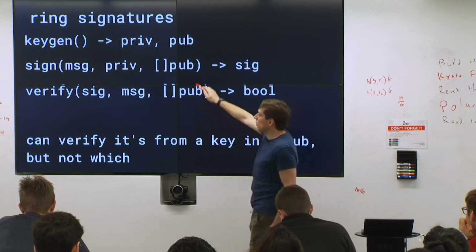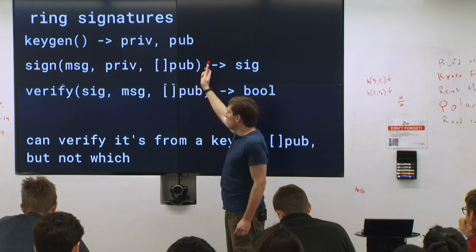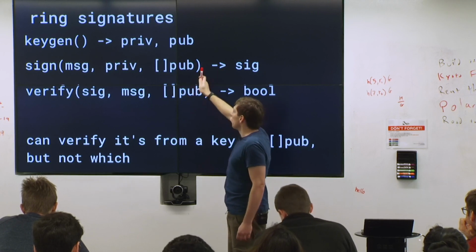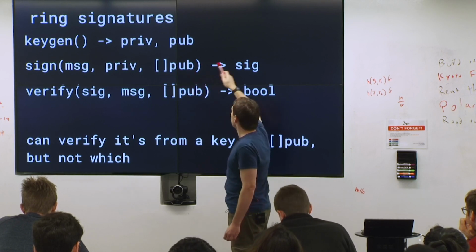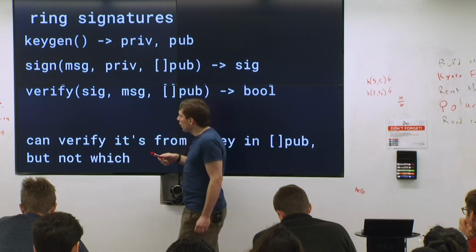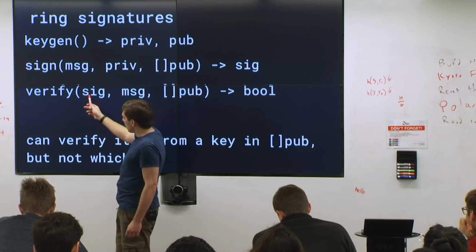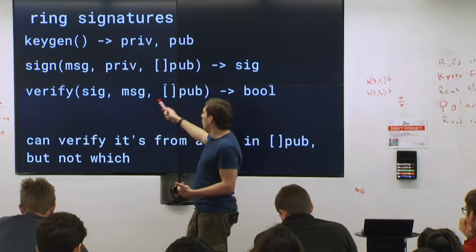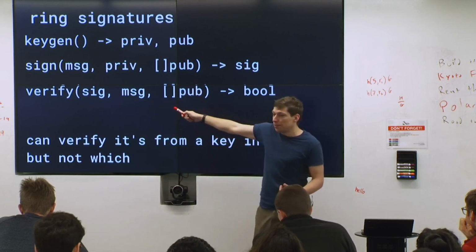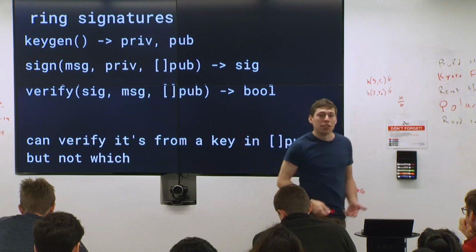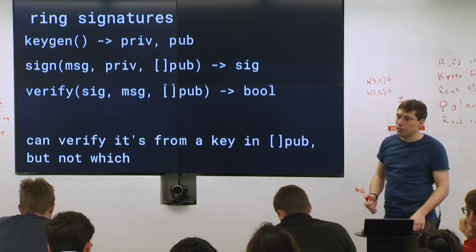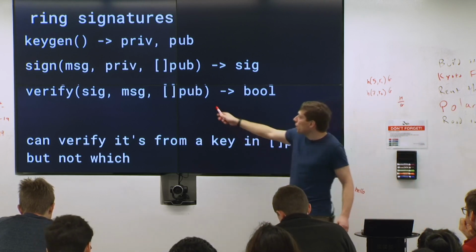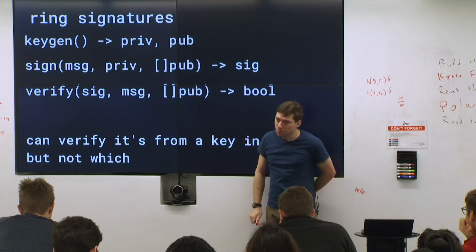And this list can be just a single one. It can be 1,000. You pick a bunch of other people's public keys, and you generate a signature. And then verify, you take the signature in, the message that's been signed, and that list of pub keys, and it outputs a Boolean of, yep, that signature worked, or no, it didn't. But it doesn't tell you which of the public keys signed.